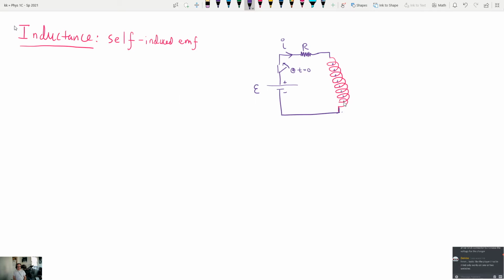But we know that in this case, the current flowing through the circuit is increasing, right? Current is increasing. And as a result of the current increasing, there's going to be a magnetic flux through these coils of wire right here, right?